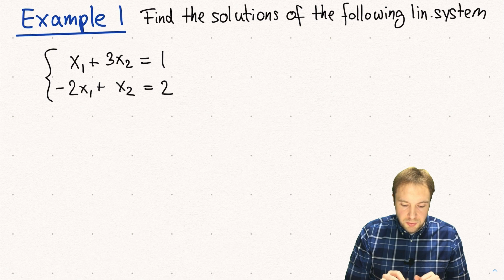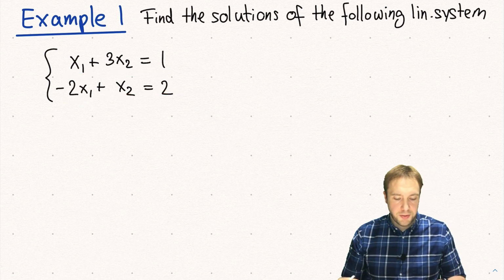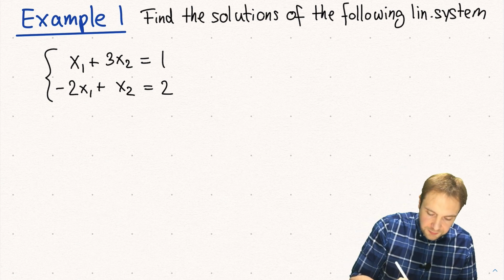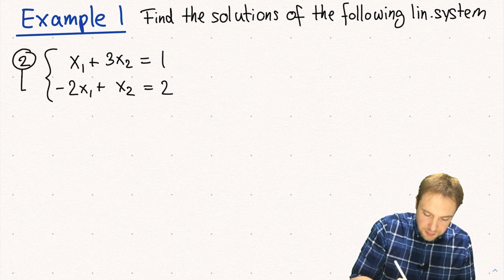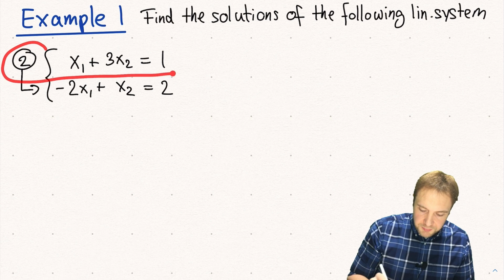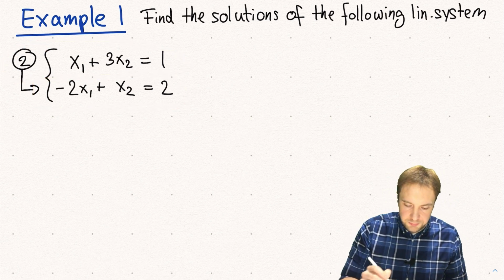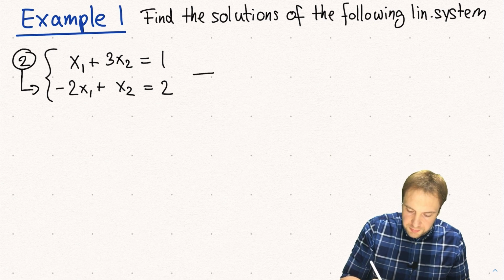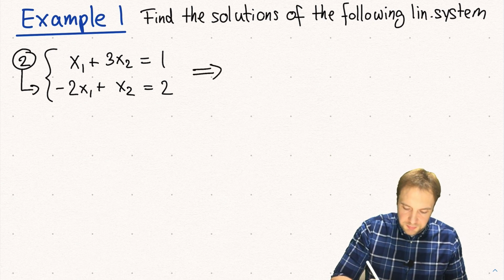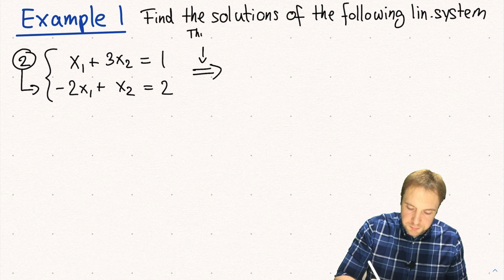And for this, what I could do is I take 2 times the first equation and add it to the second equation. And the way I want to write this is I put a 2 here, and then I say 2 times this equation I add on top of this equation. And then I say, so this here means this implies.